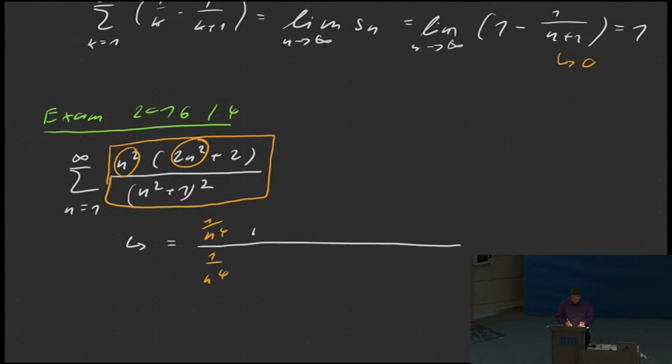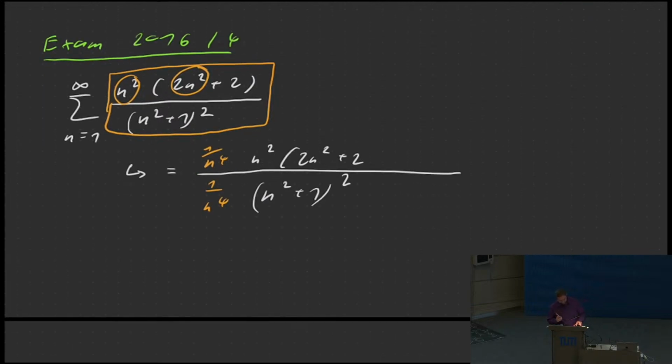All right, so this is what I'm going to do. And what I get from this operation, well, of course, this n squared and n to the power of 4, and n to the power of 2 cancels out here. So I'm left with 2n squared plus 2 times 1 over n squared.